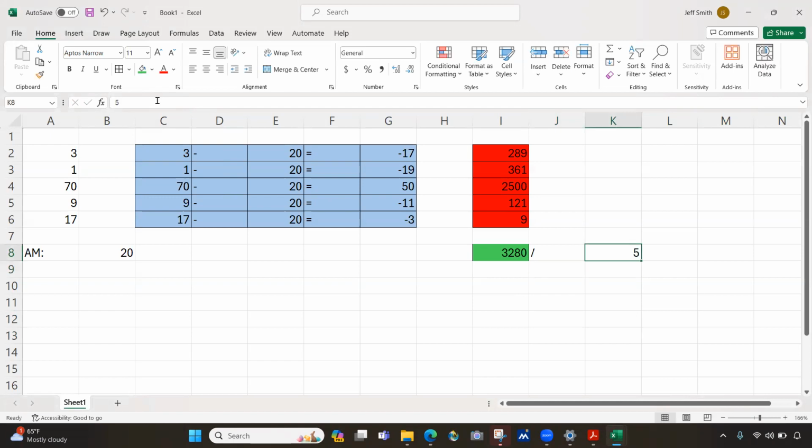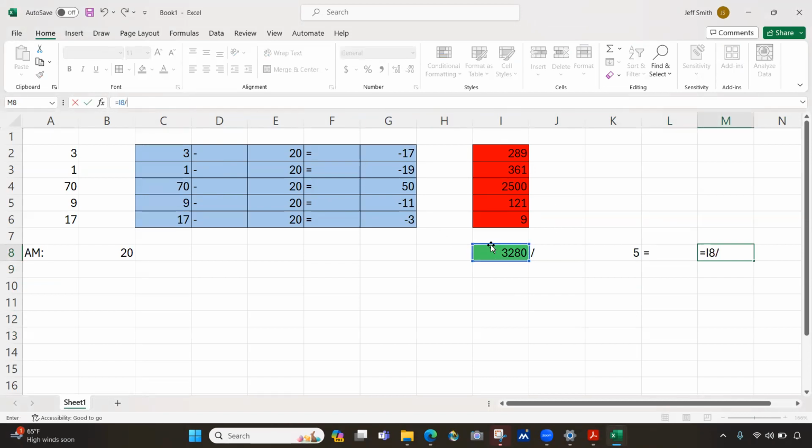Basically, find the arithmetic mean of the numbers in the red column. And what is 3280 divided by 5? This number, 656. Okay.